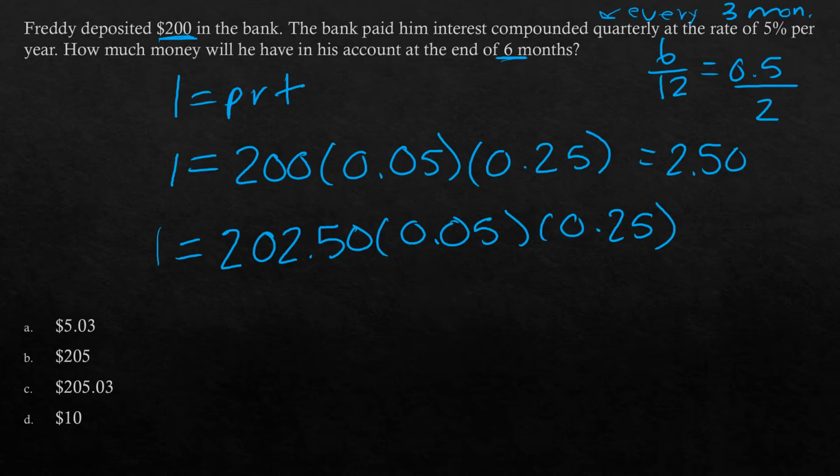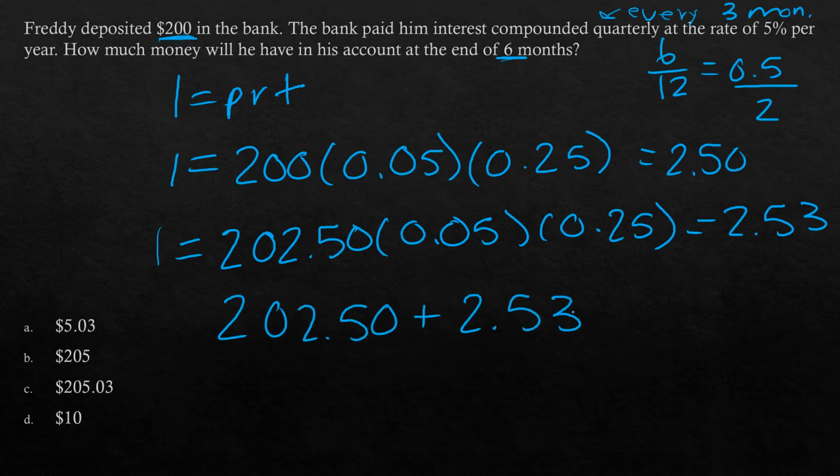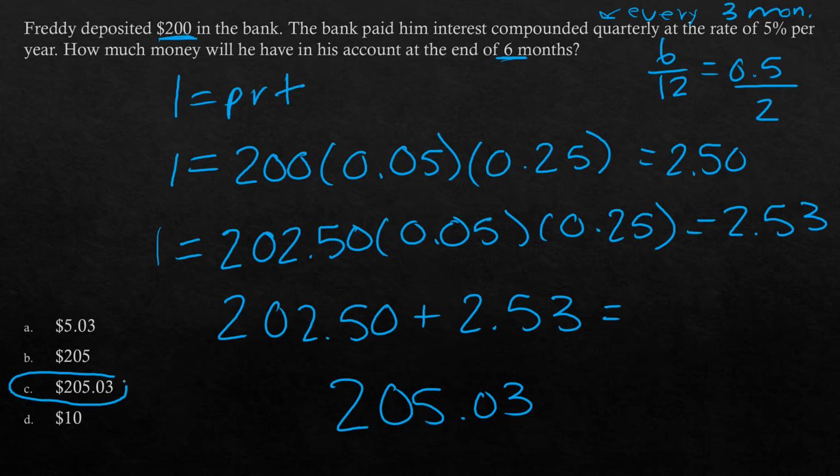And when I do this, I will get $2.53. So I'm going to take this 2.53 and add it to 2.50. And when I do that, I will get $205.03.